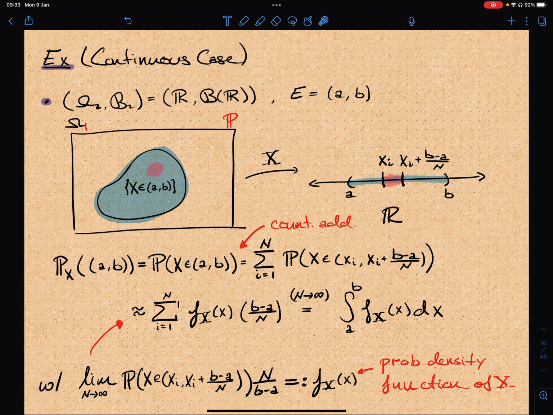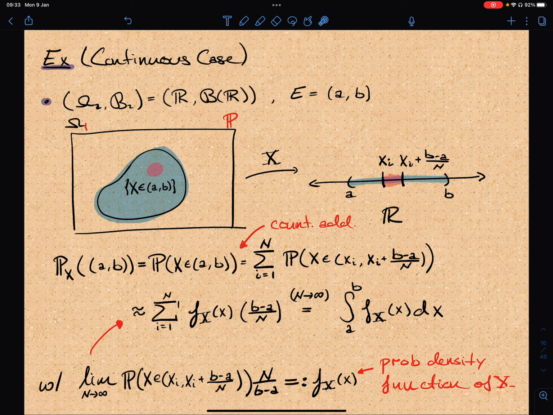But we multiply this by n over b minus a, which goes to infinity while the other goes to 0. In the limit, if they go to 0 and to infinity at a specific rate, then we get a function f sub X of x, and this is called a probability density function.